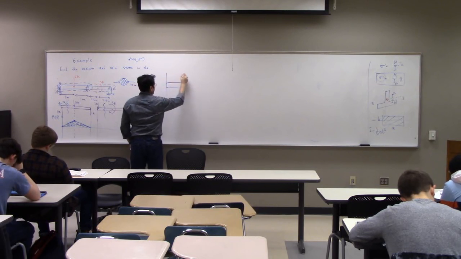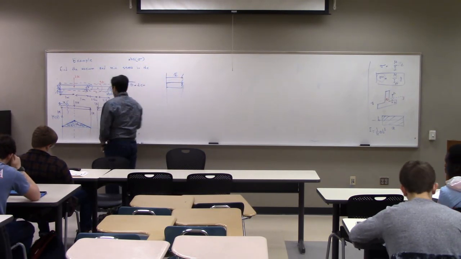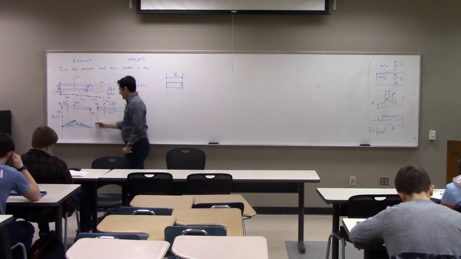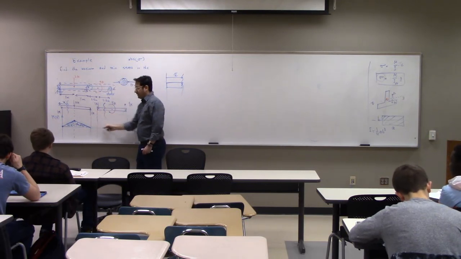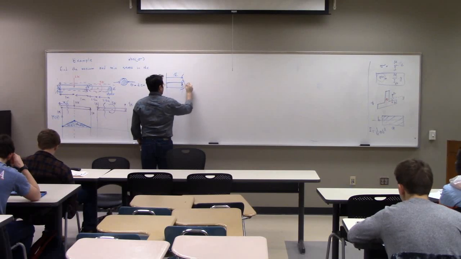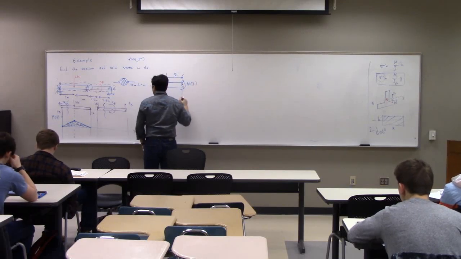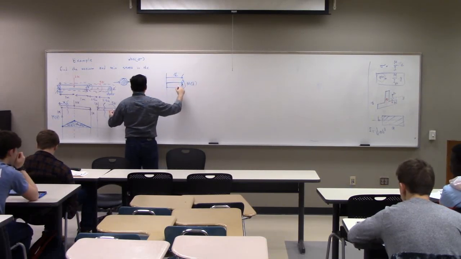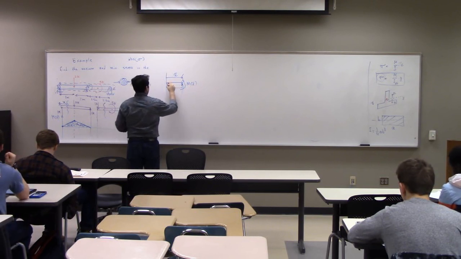Let's call this x bar. X was in this coordinate system, now I have this coordinate system. You see that? I have a different y axis. So x bar, Mx bar, forget about V and N here, and here you have 1K going down.